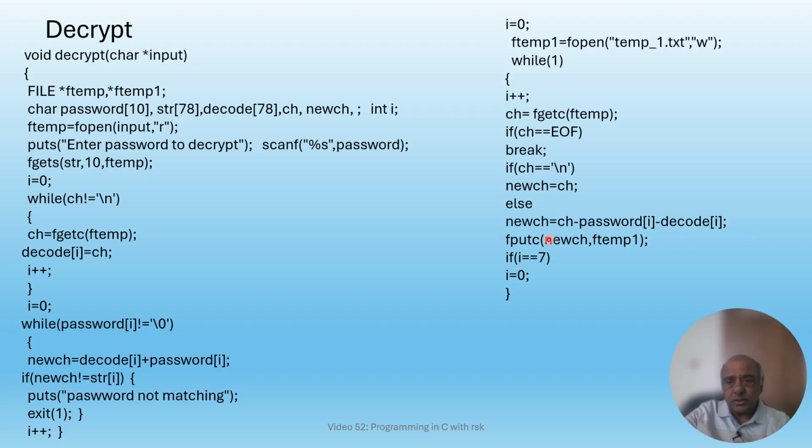So new ch will always contain the decrypted characters read from the file temp, which is an encrypted file, and those decrypted characters we are writing to a file named temp1 by this function fputc new ch comma ftemp1.